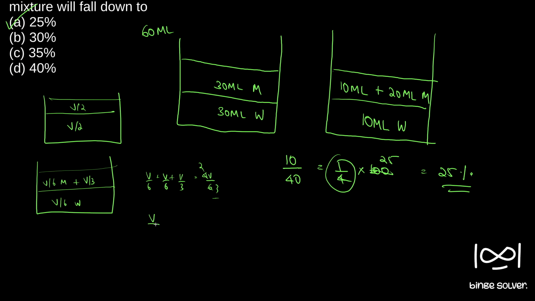So V by 6 divided by 2V by 3 becomes V by 4, sorry, V gets cancelled, 1 by 4. Same answer we get, but we will have to take these numbers as V by 6 and V by 3 and then add them. All that will be there in the answer.